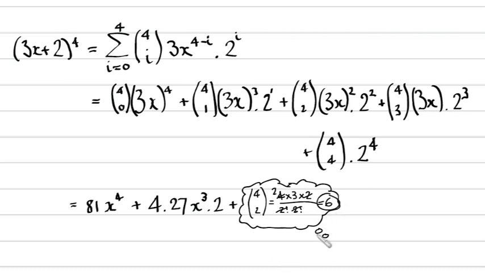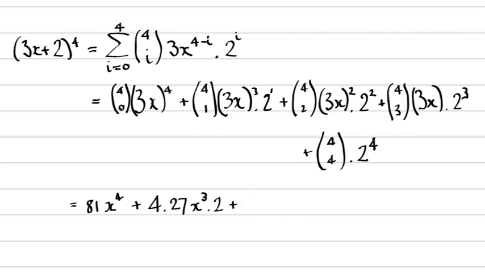And if you quickly evaluate that, you'll see that comes to 6. So 4 choose 2 is 6.